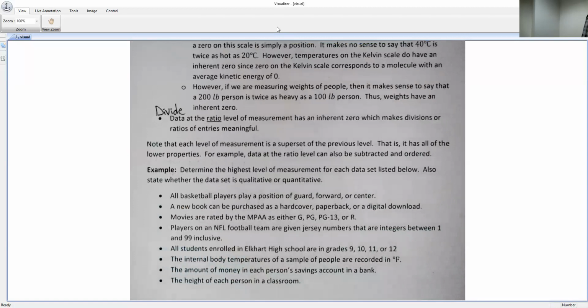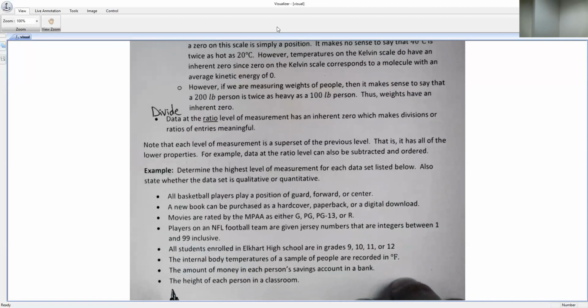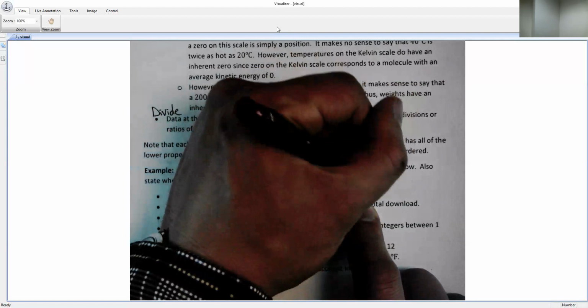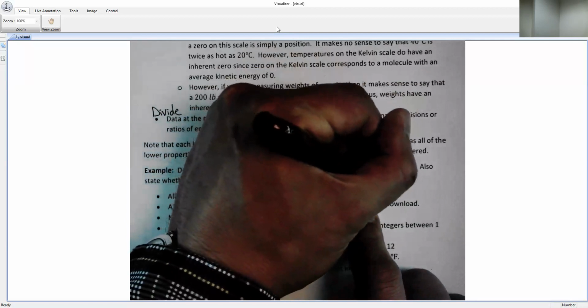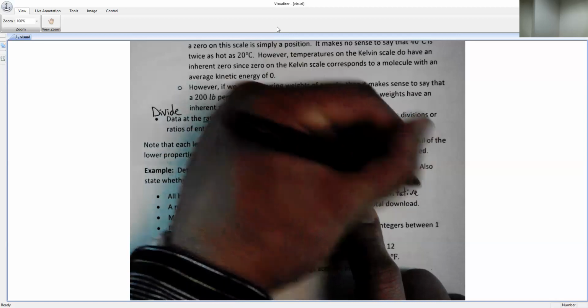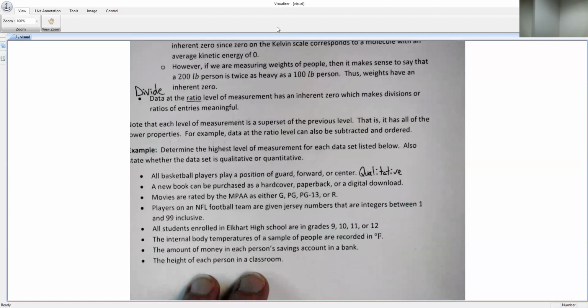So first example, basketball players play a position of guard, forward, or center. So clearly guard, forward, and center, there's no way we can count or measure those. So this is qualitative data. Okay, there are no numbers associated with the data.